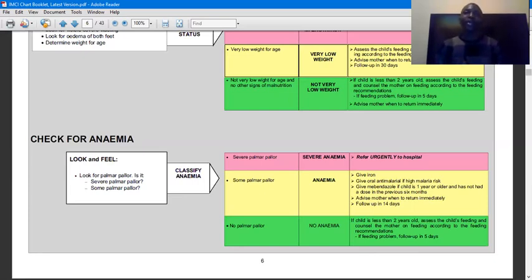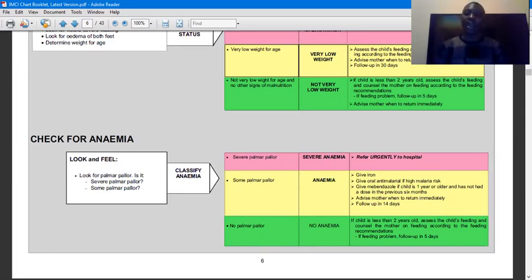So for today, we are going to end on these 3 classifications, and be sure to look out for the next lesson for IMCI so that you can learn how to answer a question for IMCI if you're asked to answer a question, having learned the booklet itself. So we'll look at a question based on the 3 symptoms that we have looked at, because these are the common 3 symptoms, and then we will finish up the rest in detail later on.